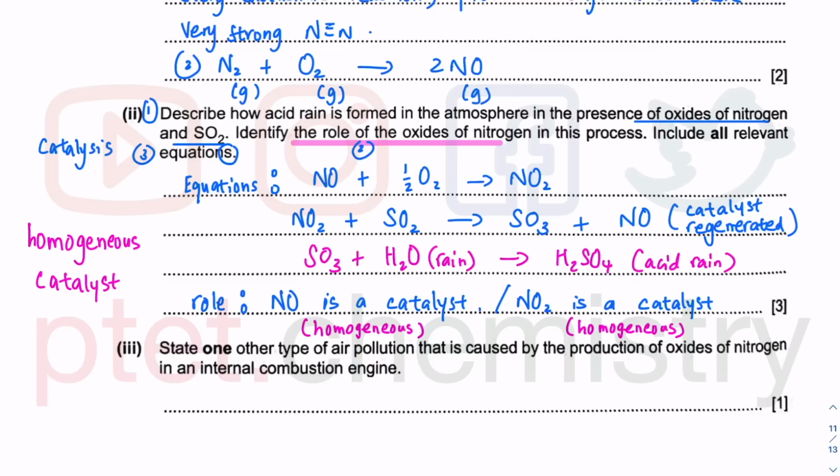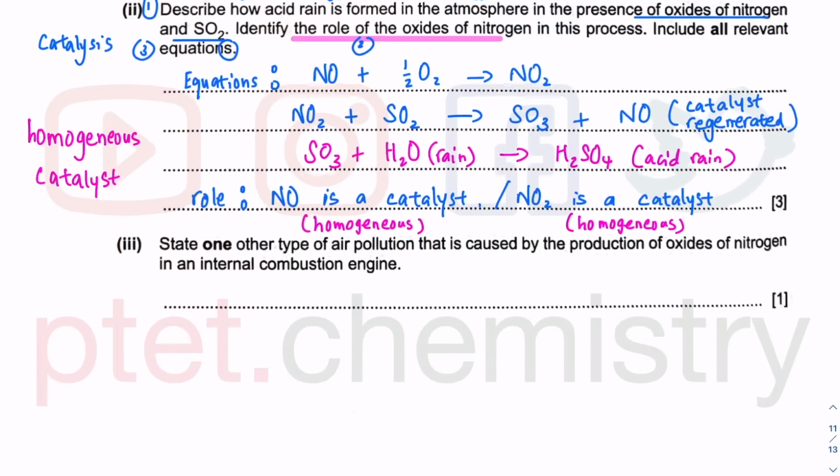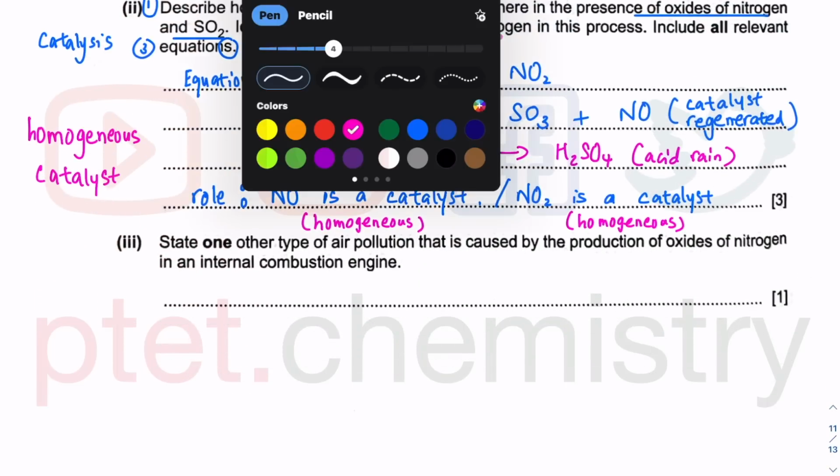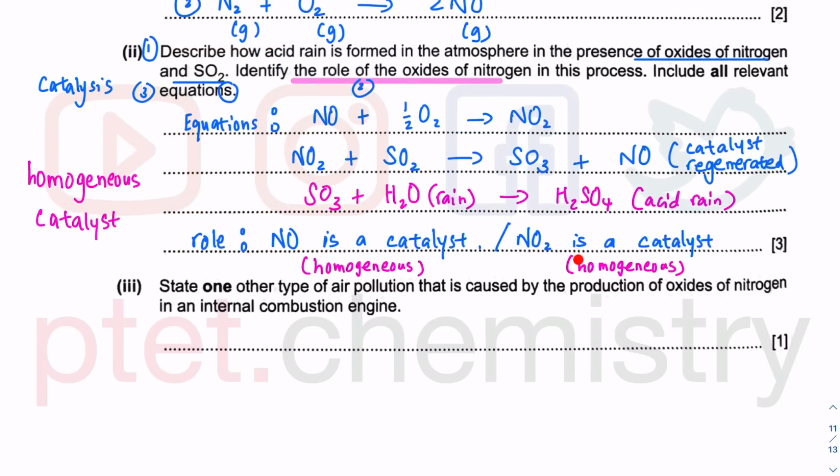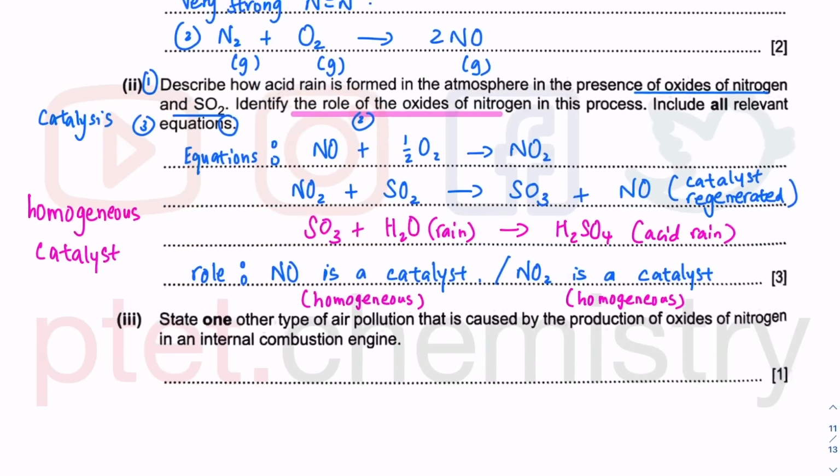In fact, the oxides of nitrogen, NO or NO2, are catalysts in this oxidation of SO2 to SO3 in the upper atmosphere, as part of environmental chemistry. There should be another bunch of equations where the oxide of nitrogen acts as a reactant and not a catalyst, where they form acid rain directly. You should know at least 2 or 3 equations for how the oxide of nitrogen forms acid rain directly.